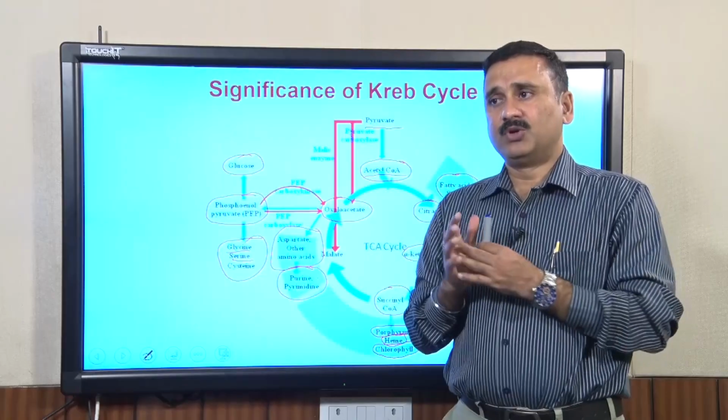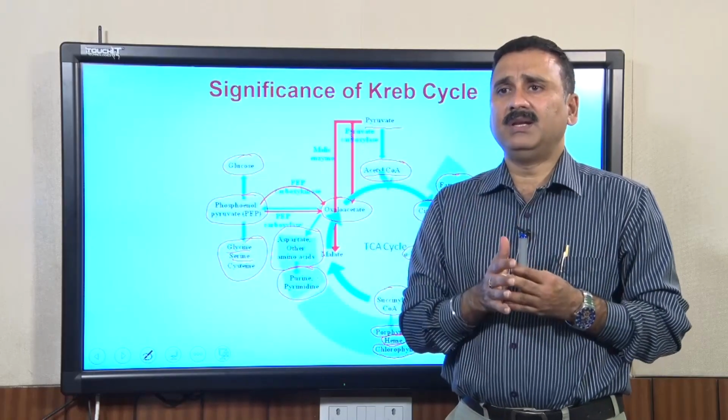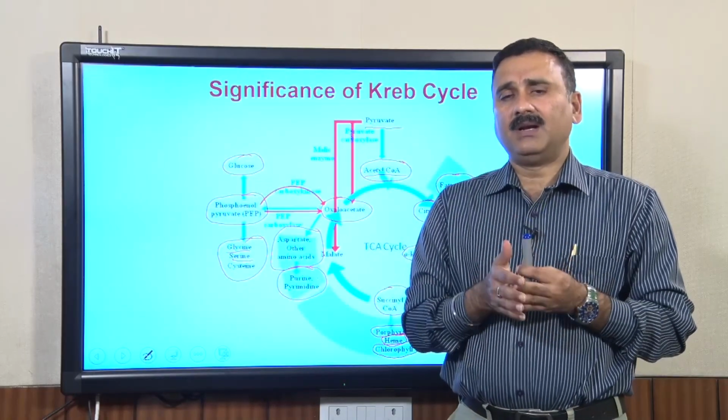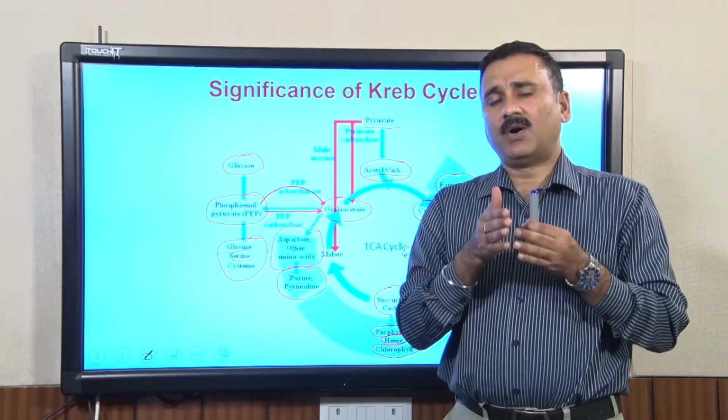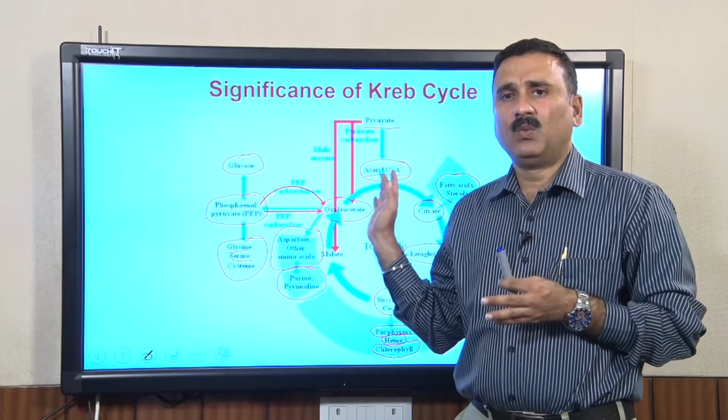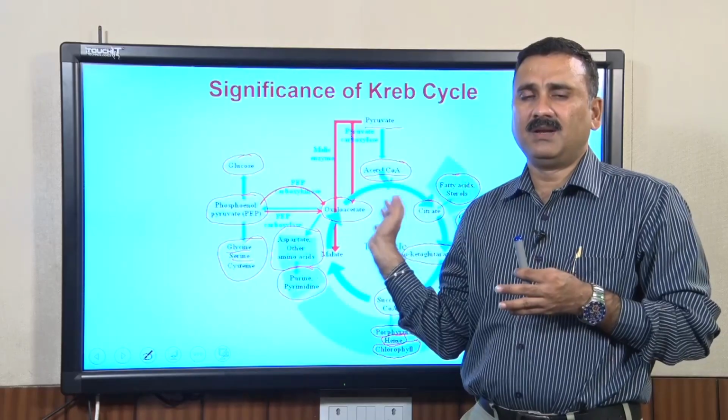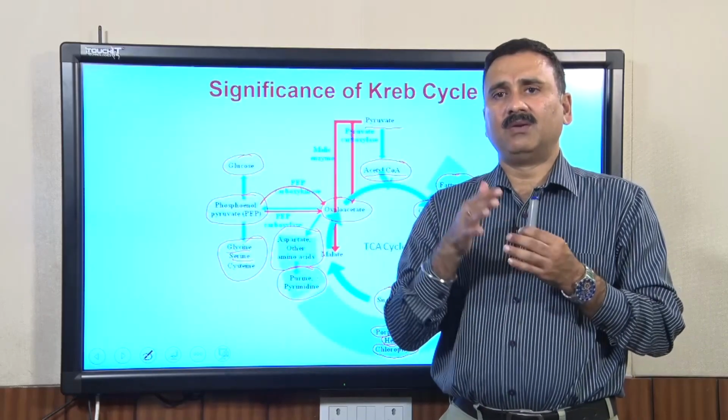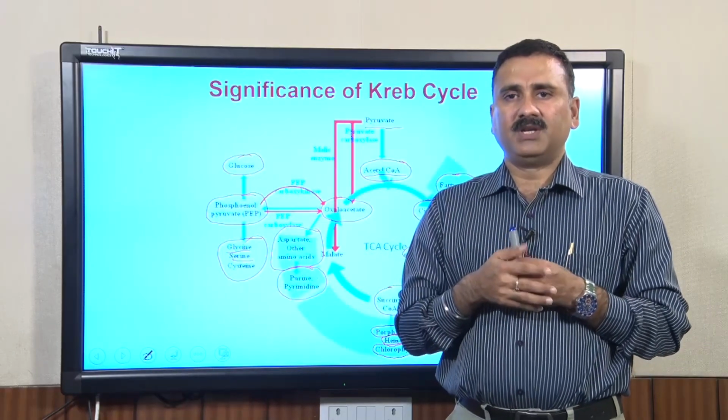In this electron transport chain oxygen is required. So, if oxygen is present, the Krebs cycle will run these intermediates, and there will be energy generation.